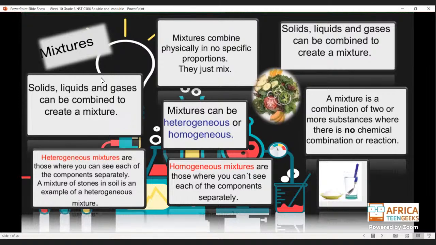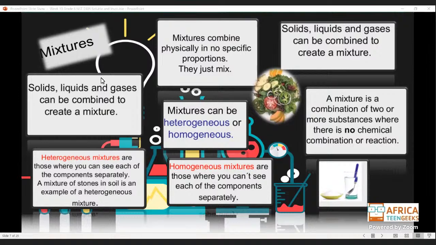Heterogeneous means that you can see each of the components. For example, if you mix rice and barley, you can still see the rice and barley particles. In homogeneous mixtures, you can't really see the components separately.